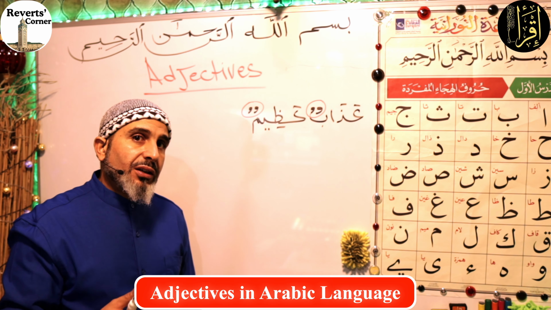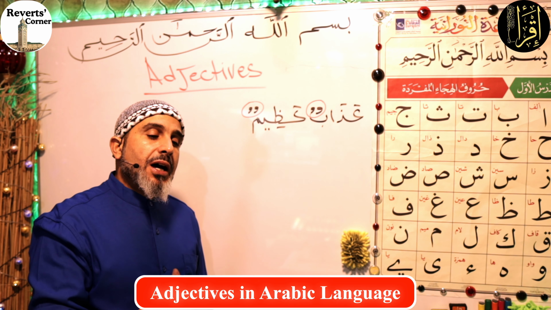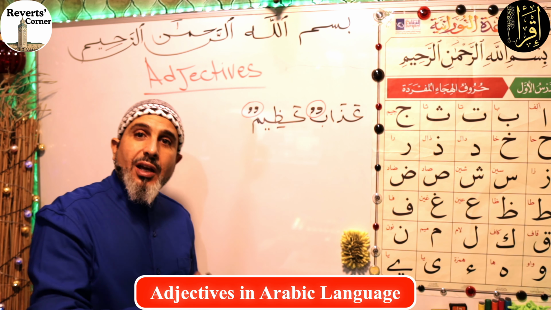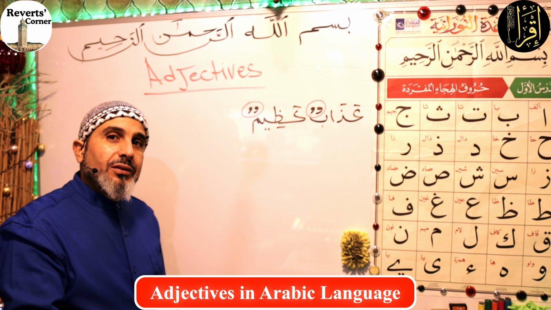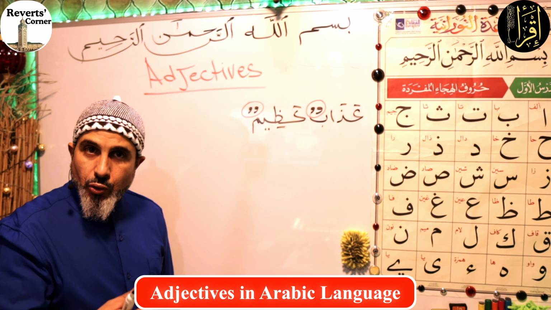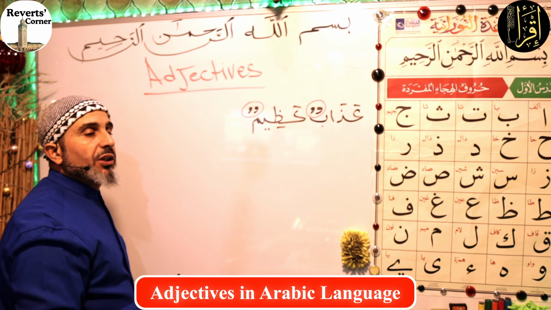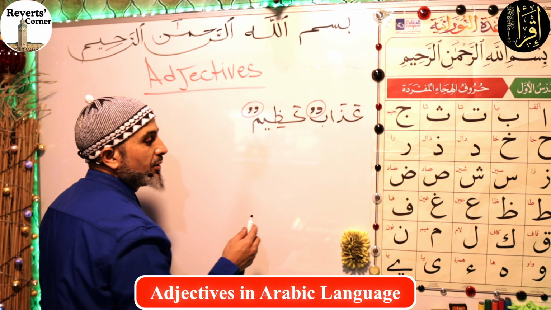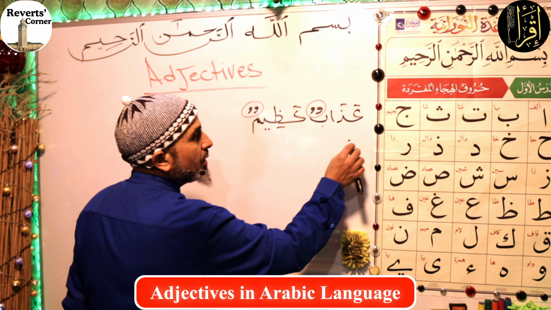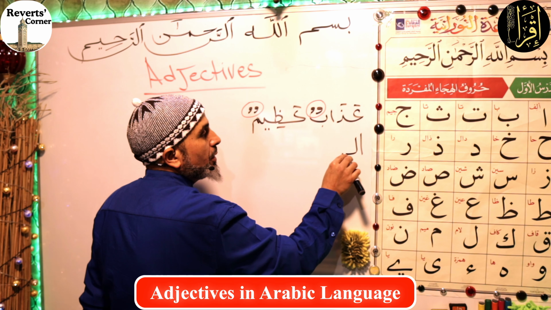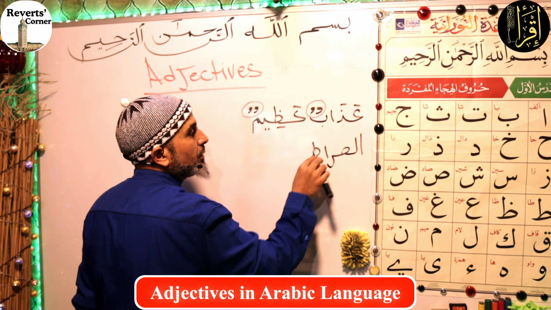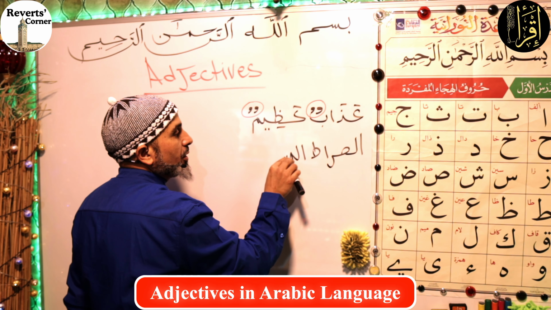Another case is that if the noun that is being described is definite, then the adjective, or the na'at, or the wasf, should also be definite. An example of that is as-sirat al-mustaqima.